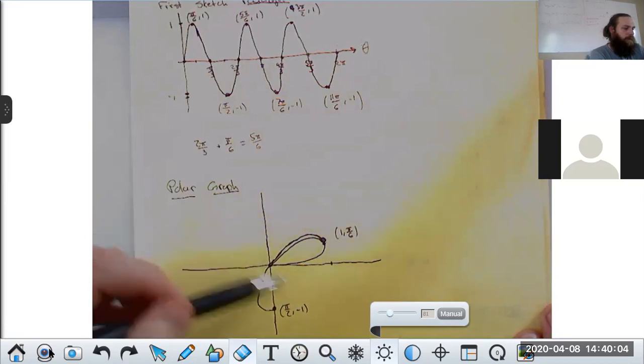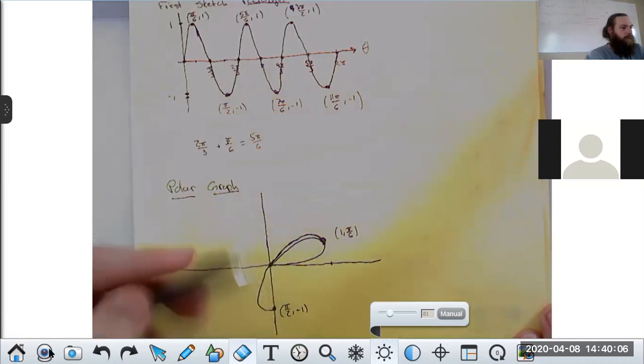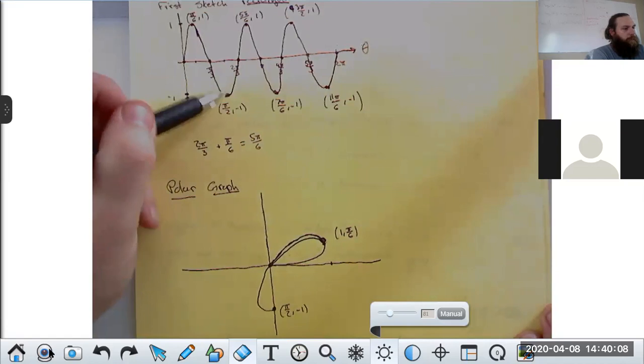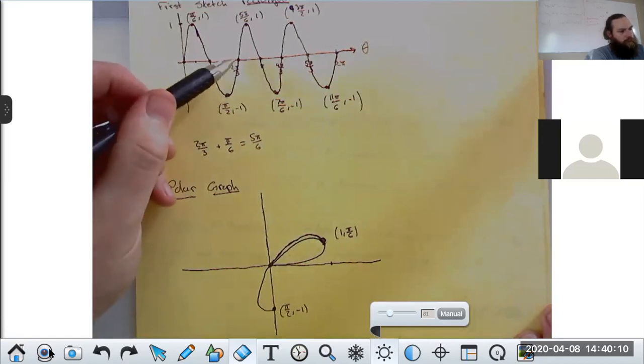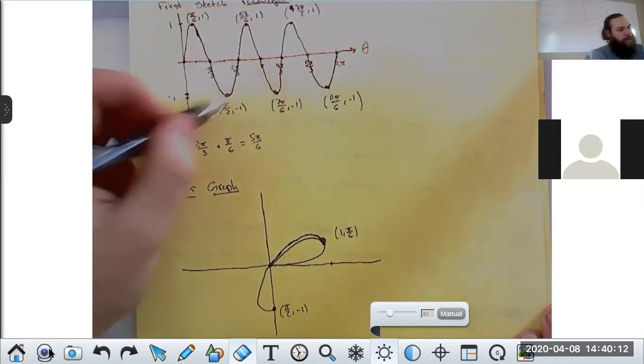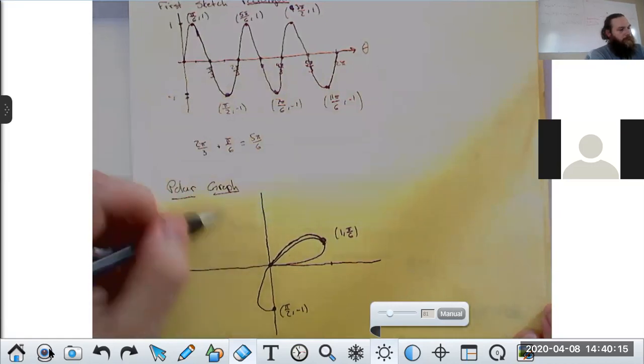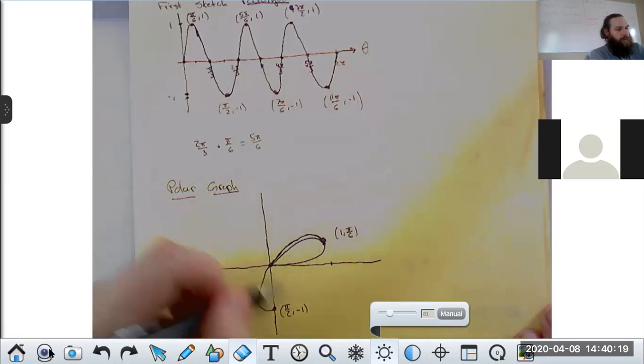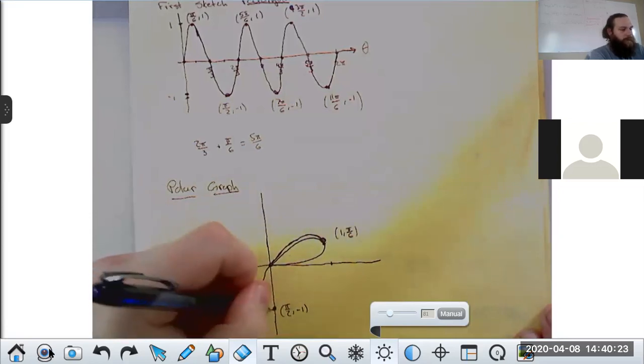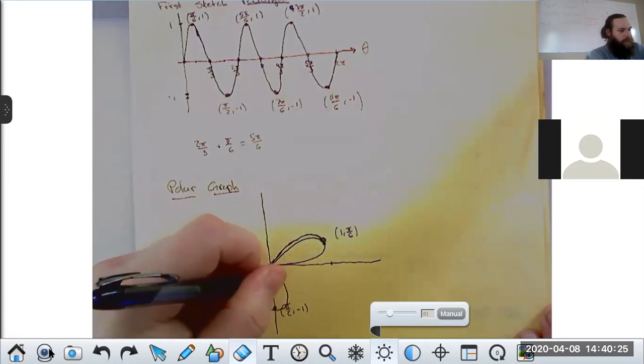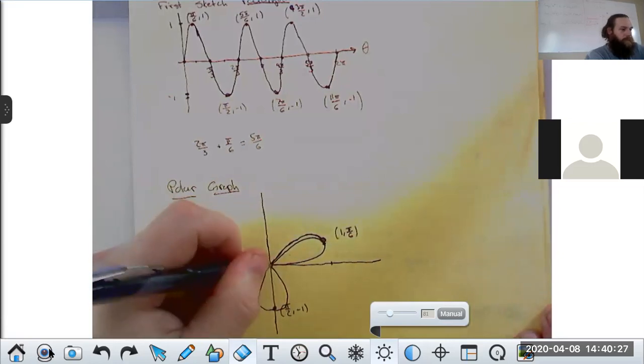But because r is negative, I'll be drawing in the reflected region down here. And r is shrinking back towards 0. So by the time I get to 2 pi over 3, working along the reflected version of this ray, r will have contracted all the way back to 0. So that will create something that looks like this.